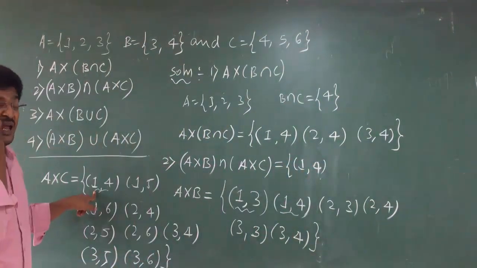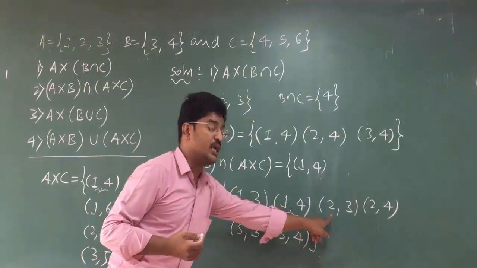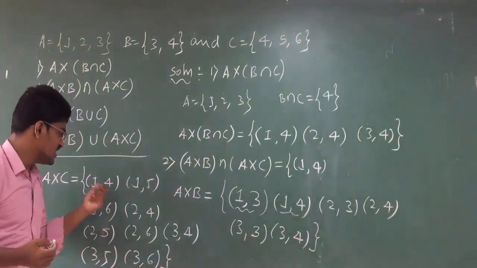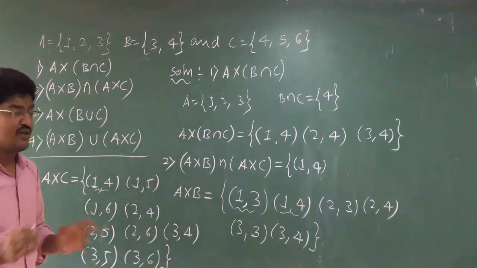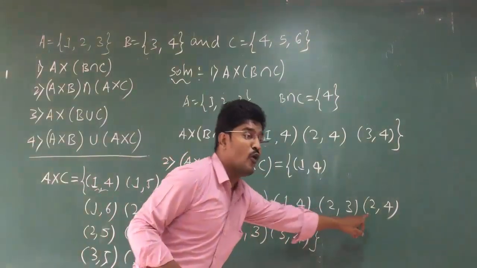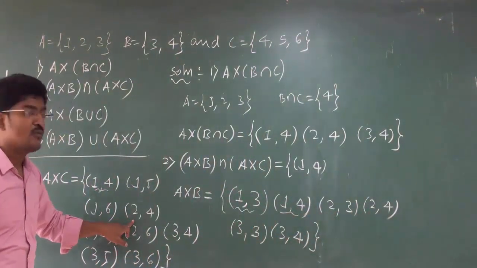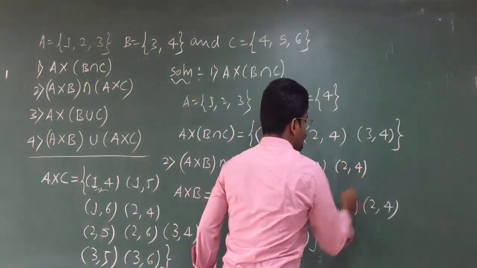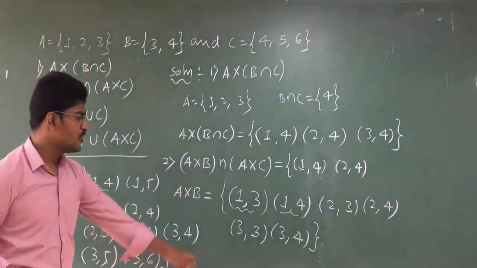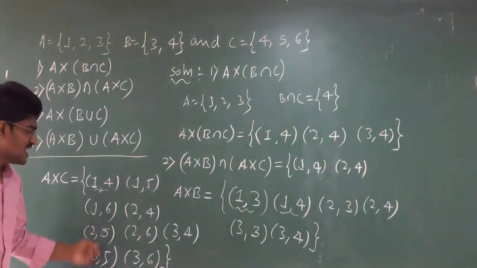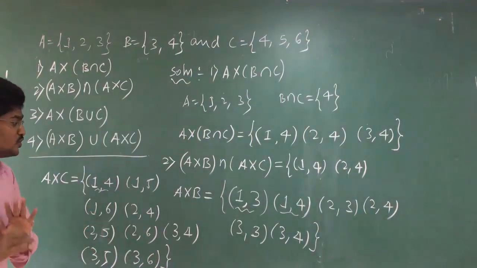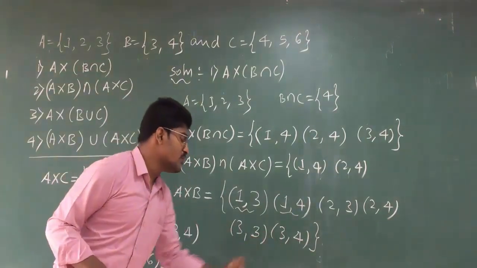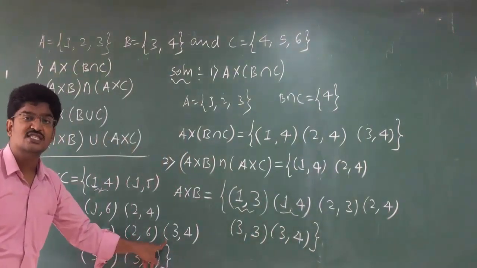Clear? Next 2, 3. Check here 2, 3. Is there 2, 3? No. So leave it. 2, 4. Here also 2, 4 is present. So 2, 4. Clear? Now go for 3, 3. Is there 3, 3? No. So don't write it. Go for 3, 4. So 3, 4 is present here.